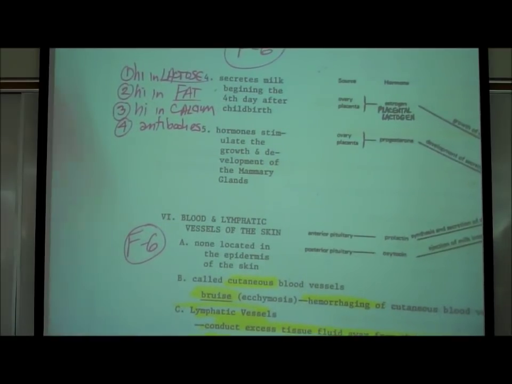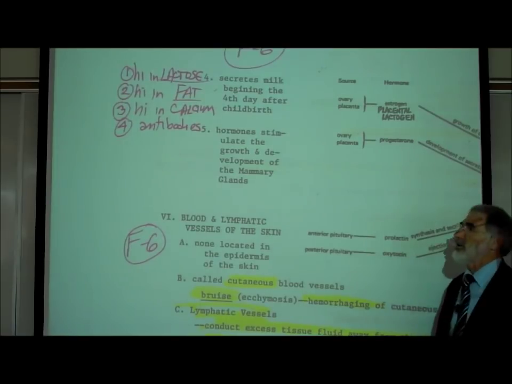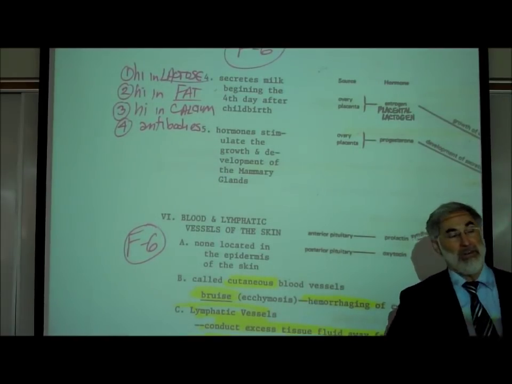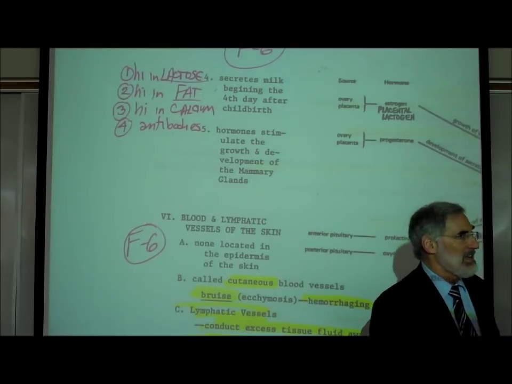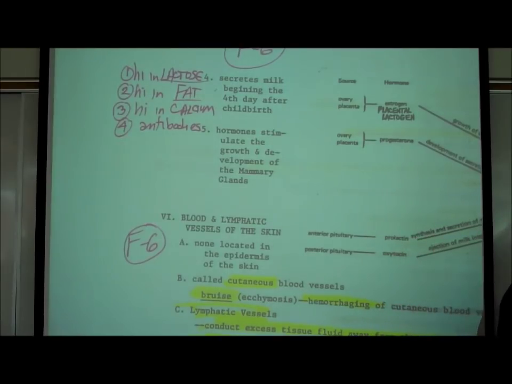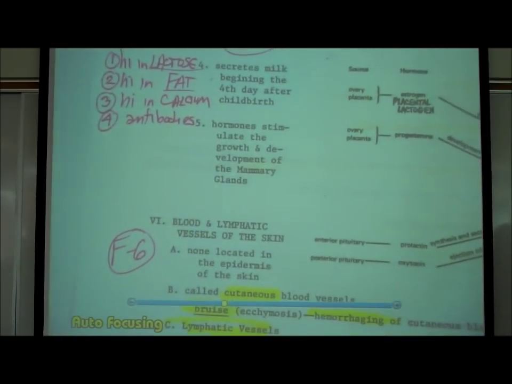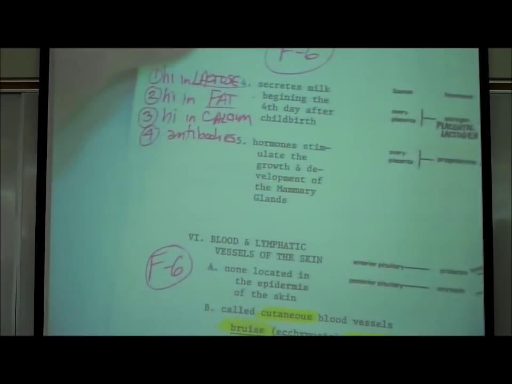On the next page, on F6, usually most women who are nursing their baby don't start to produce milk until 3 or 4 days after the birth of the baby. In other words, most women do not have milk immediately when the baby is born. It takes a few days for the milk to start to be produced by the mammary glands. Now, milk, unlike colostrum, is very high in nutrients.